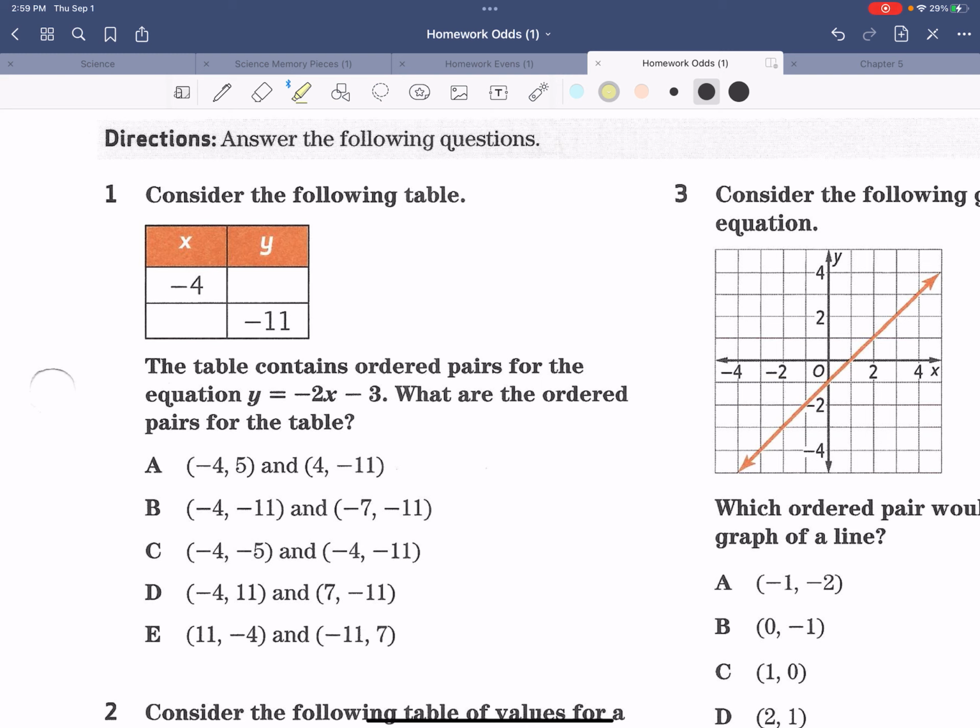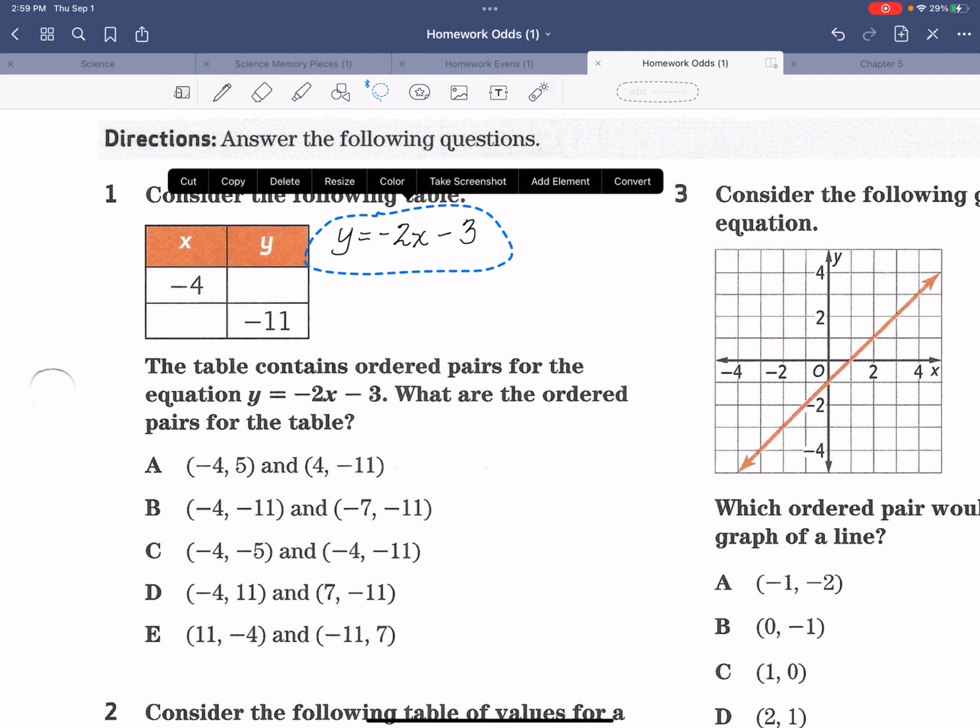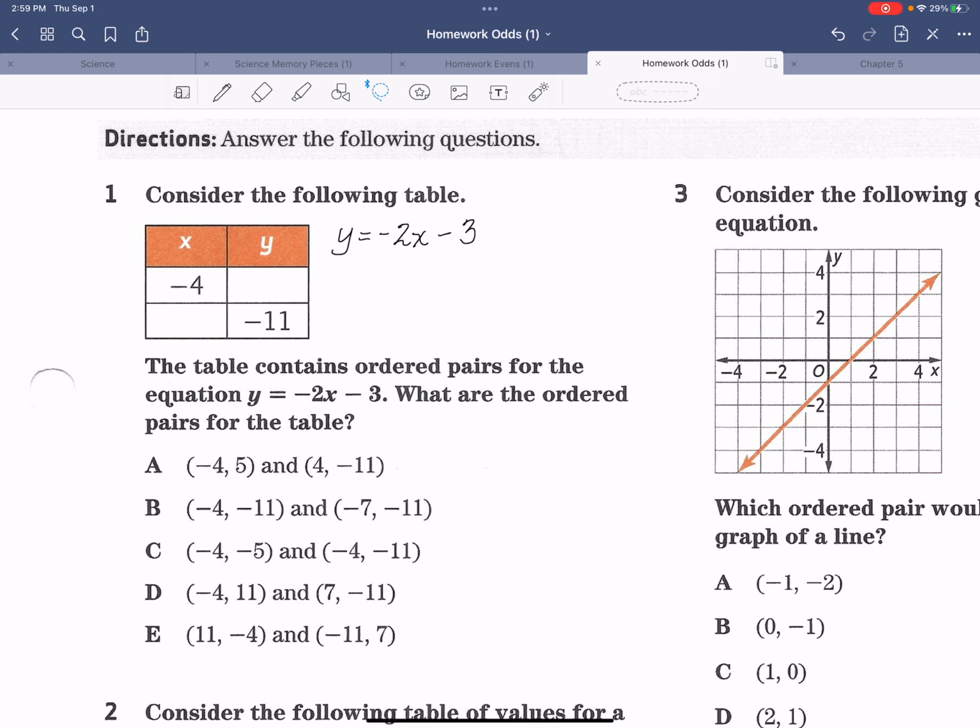So they have given us an equation. We could always just substitute our answer choices into the equation, but I'm just going to solve it and then we'll know what the ordered pairs are. I'll have to do it twice, so let me bring it over.